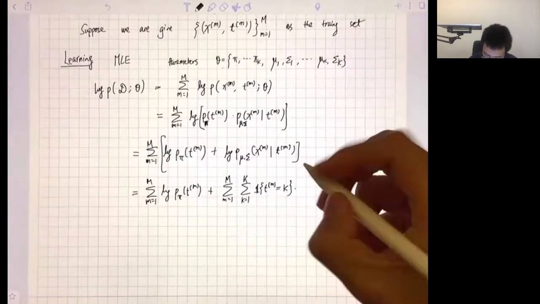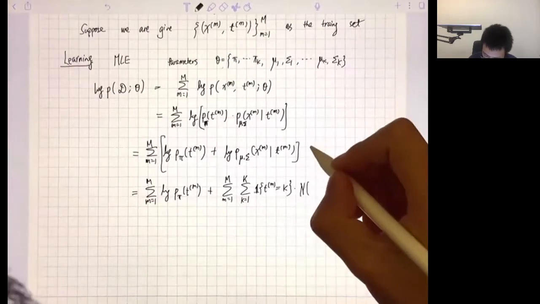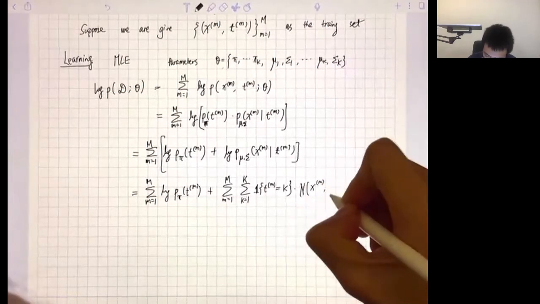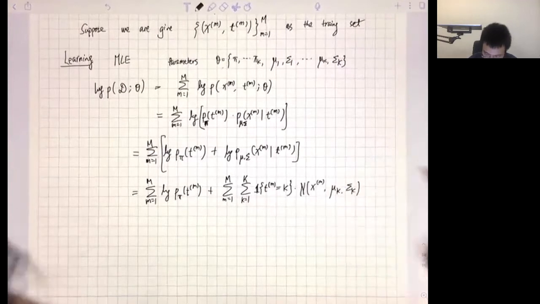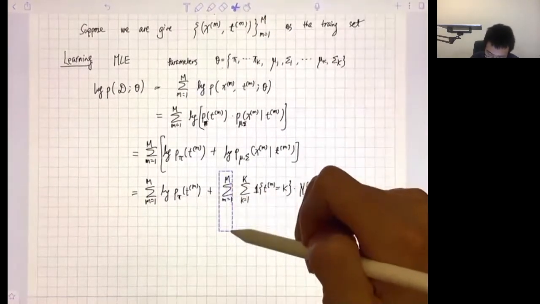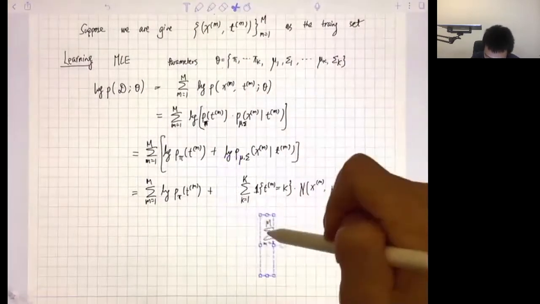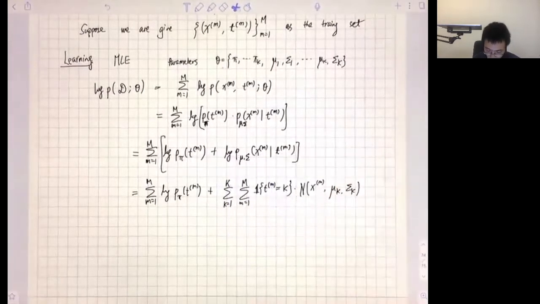I have an indicator function times the probability, which is a Gaussian, of x_m with that mu k and sigma k. Then I can change the order of the summation. There's no difference, okay?